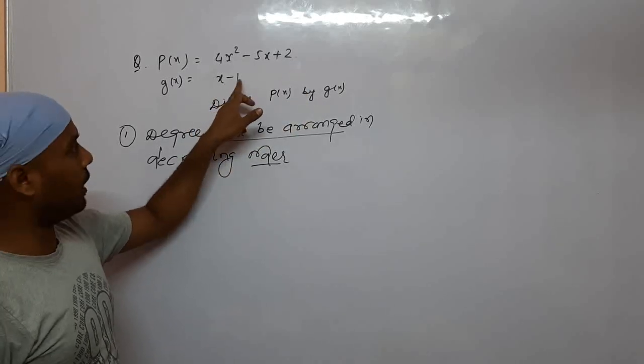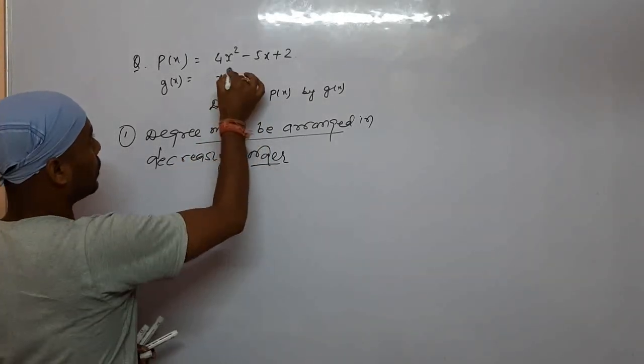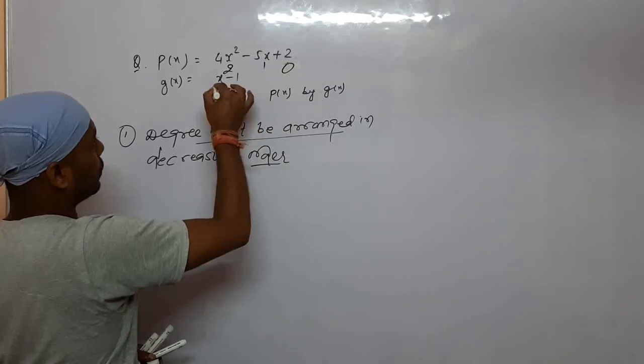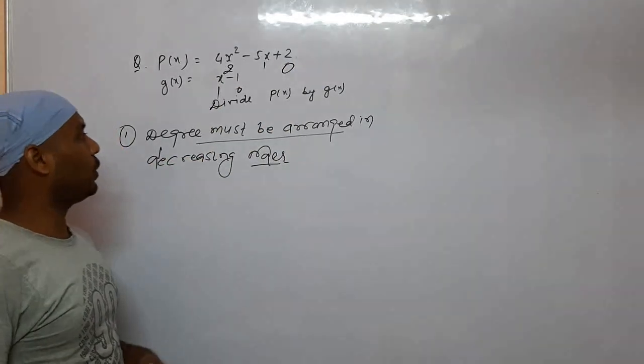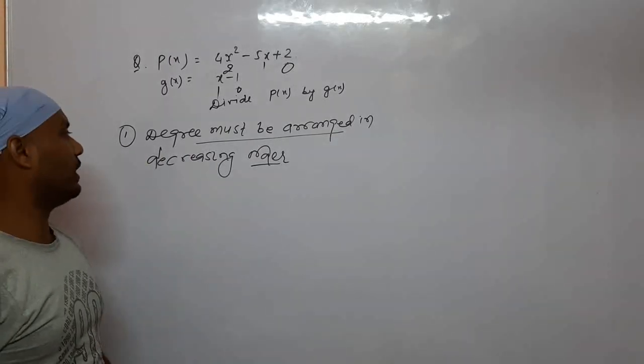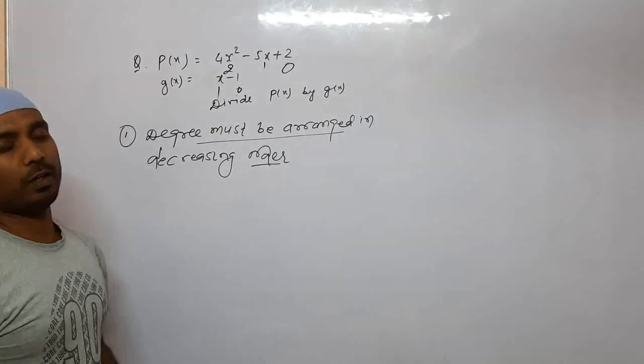So the degrees are 2, 1, 0. First you have to arrange the degrees in decreasing order. If it is already in decreasing order, there is no need to rearrange.